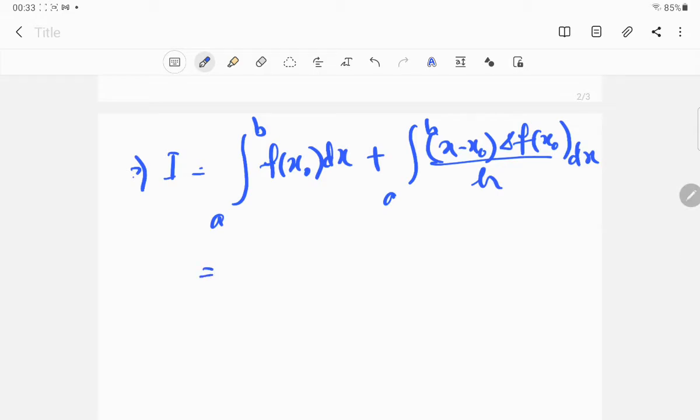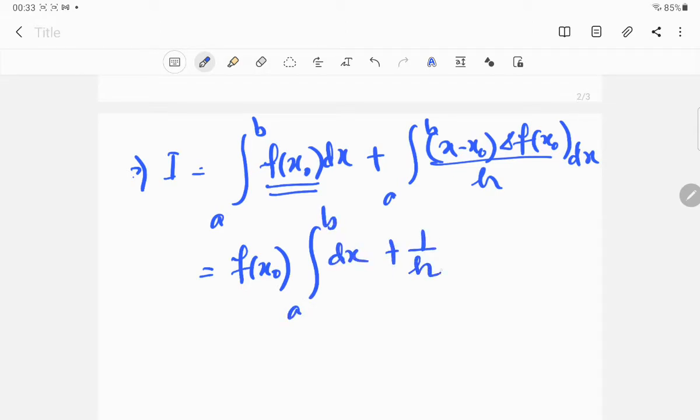Okay, so since this thing is a constant, f(x0) will be outside. Okay, and it is integration a to b dx only, simple. h will be outside, and del f(x0) will also be outside, integration a to b of (x minus x0) dx.